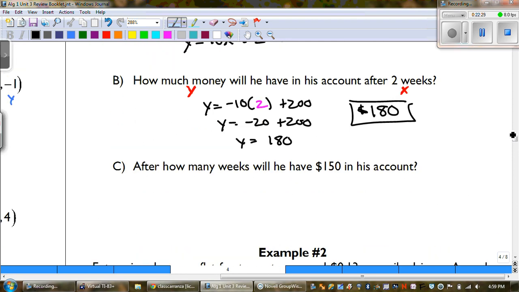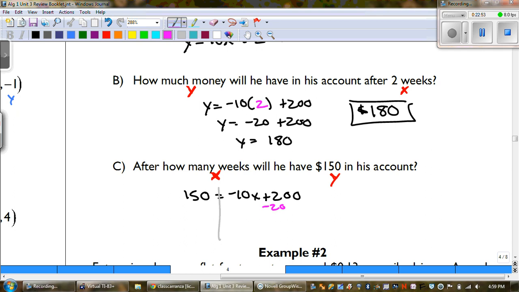All right, letter C. After how many weeks will he have 150 in his account? How many weeks? Well, that's our x. And I want to know when he's going to have 150. So 150 is our y. And there's our equation. We have to solve for x.